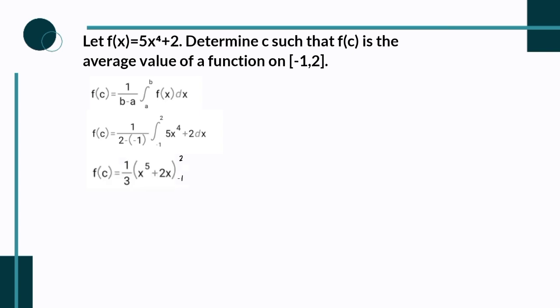By integrating the function, it becomes f of c equals 1/3 times x to the 5th plus 2x, from negative 1 to 2.